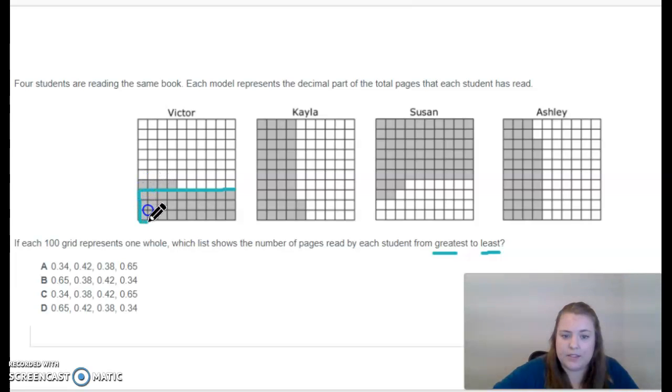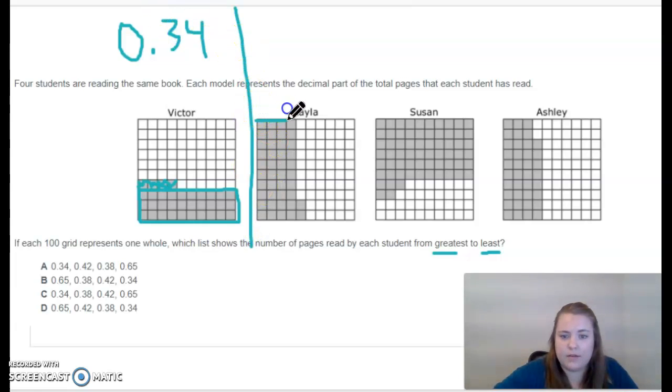I'm going to separate the tenths and the hundredths just to make it easier for my eyes. So Victor, 0 wholes, and 10, 20, 30, 1, 2, 3, 4. 34 hundredths. Kayla, separate the tenths and then X the hundredths. 0 wholes and 10, 20, 30, 40, 41, 42 hundredths.